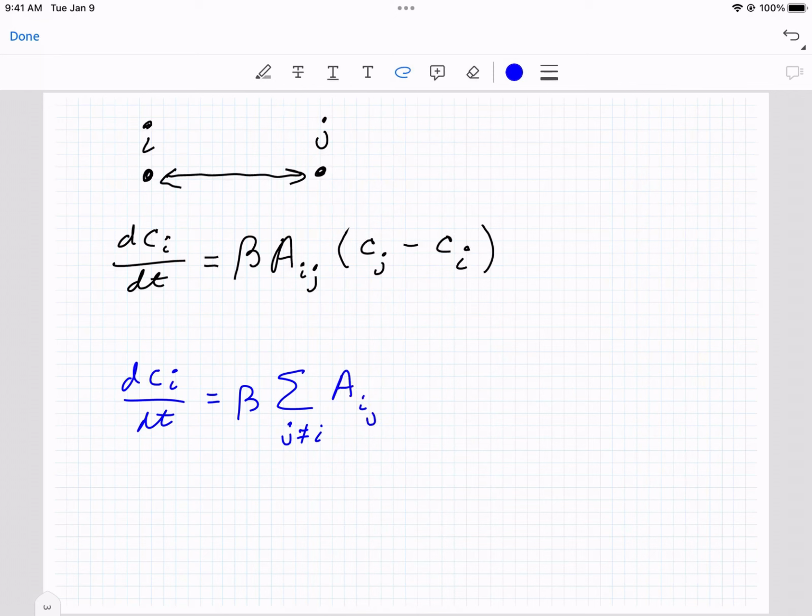It's not a lattice. Here's the adjacency matrix, then Cj minus Ci. That gives us a discrete difference in terms of space, but it's continuous in time, and so we're going to be looking at continuous time solutions.